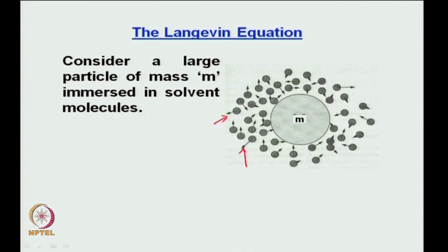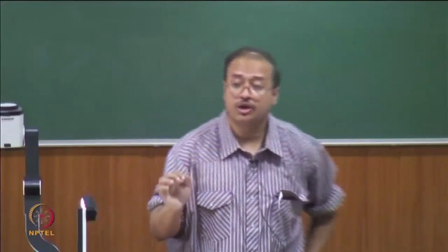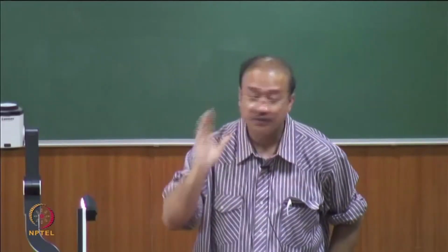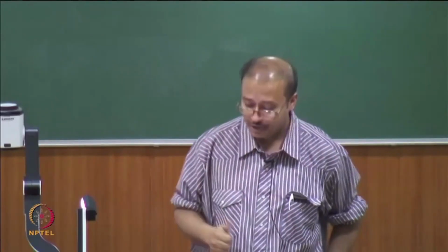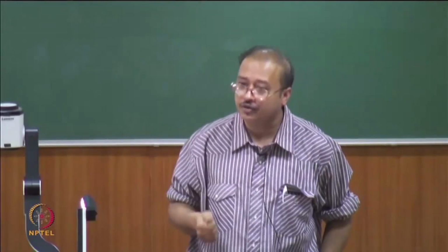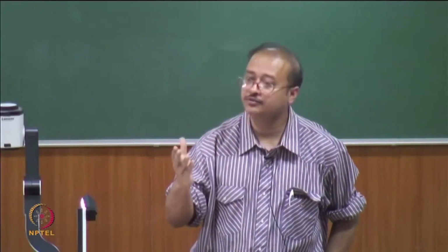The solvent molecules do not have any specific gradients, so they just collide randomly. And because we are talking about random collision, what motion are we talking about? We are talking about Brownian motion. This is what Brownian motion results from, random collision. So, you can understand there would be a randomly colliding force.